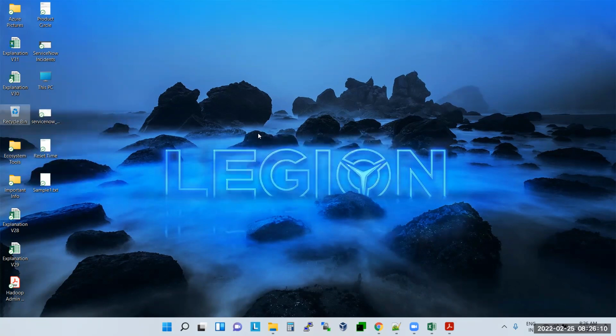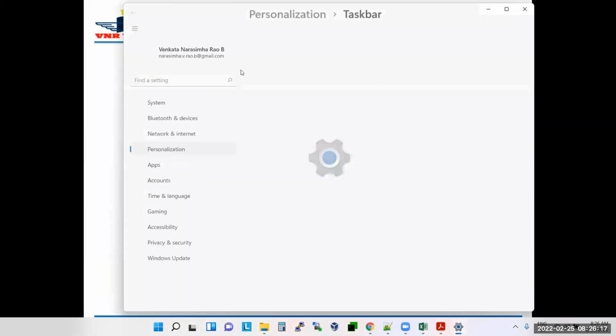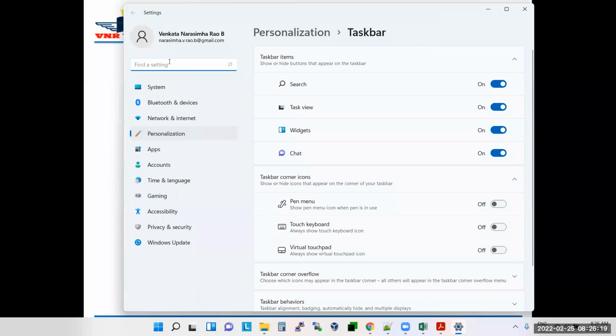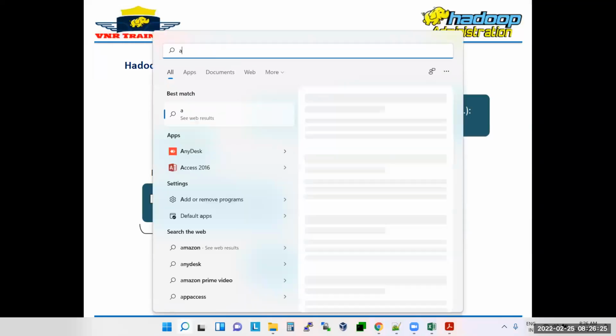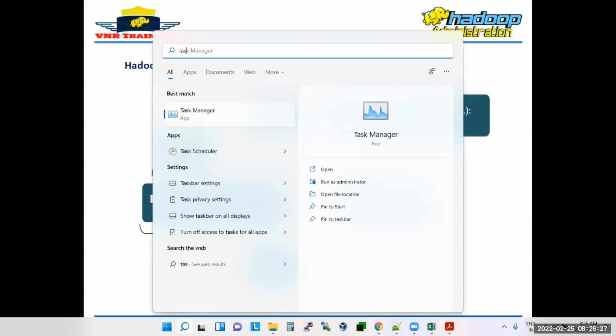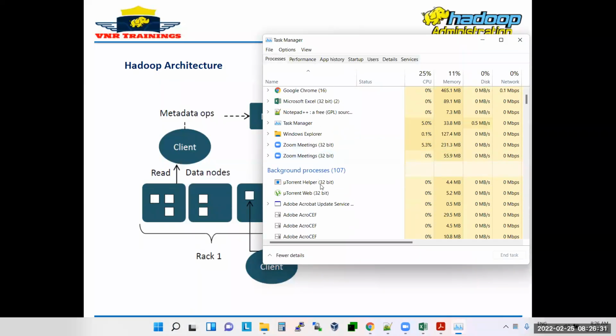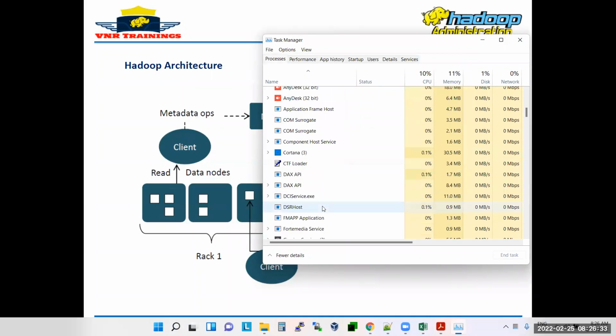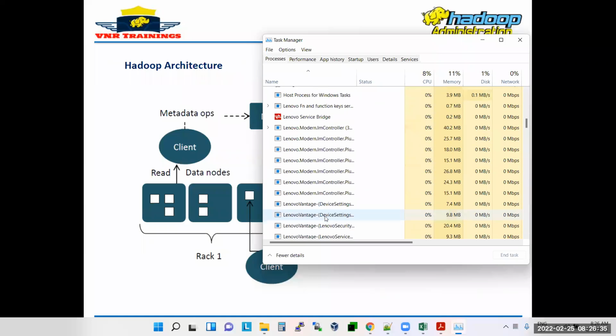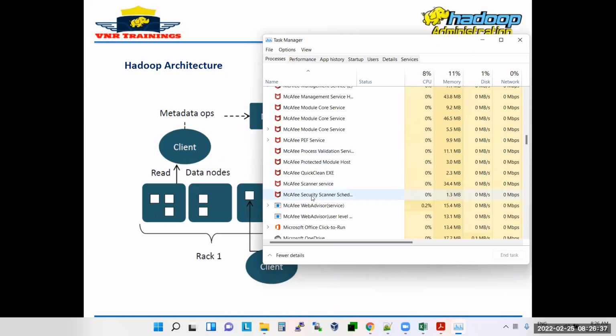But when I'm using Windows, there are 107 background processes running. Yes or no? What are these background processes, guys?